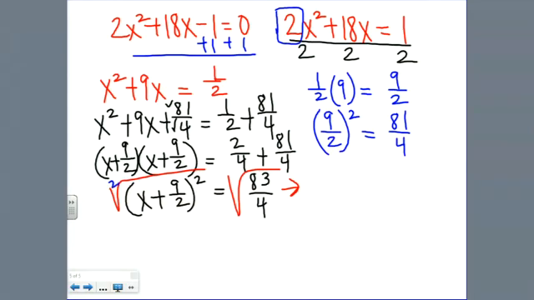Again, on the left side, the root and the exponent cancel, leaving us with just x plus 9 over 2.